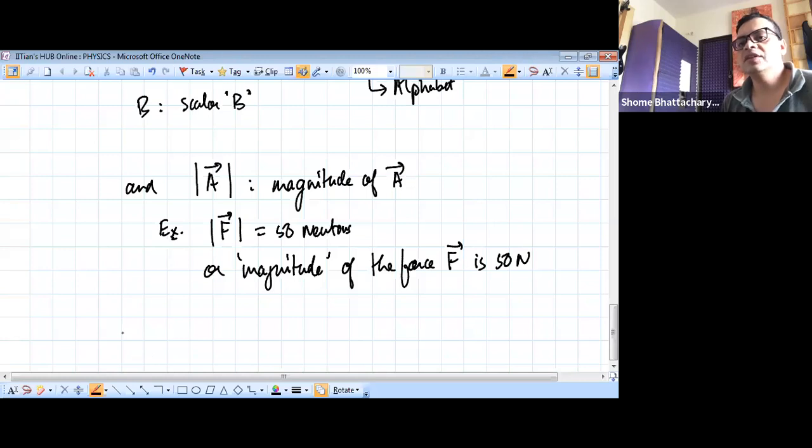But if I say F is equal to 50 newtons, this is a wrong statement. This is incorrect. ये क्यों incorrect statement है?